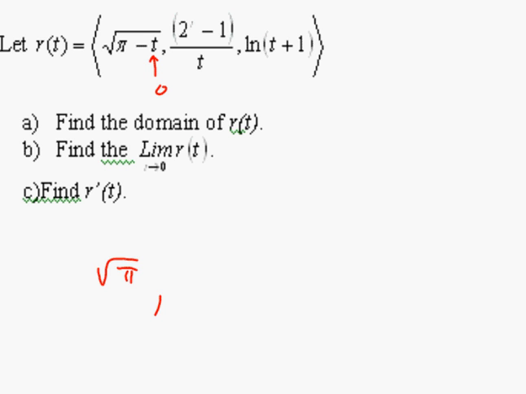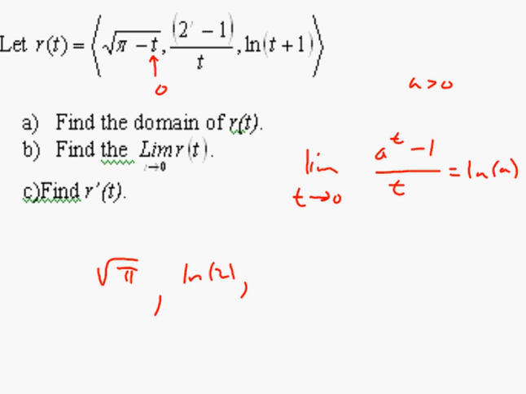We know we can't do that. However, the limit as t goes to 0 of a to the t minus 1 over t, let a be greater than 0, that's important, is equal to the ln of a. I'm not saying why, but it just is. So this is the ln of 2.